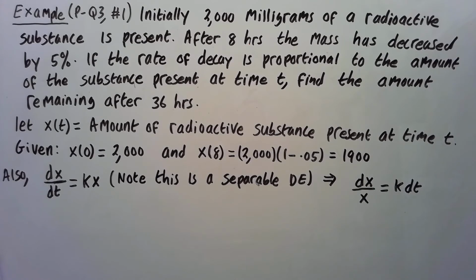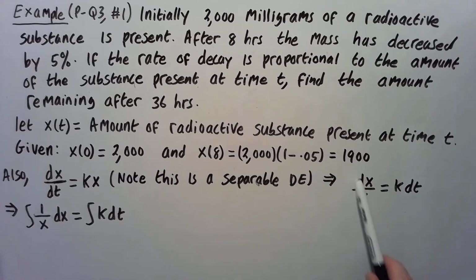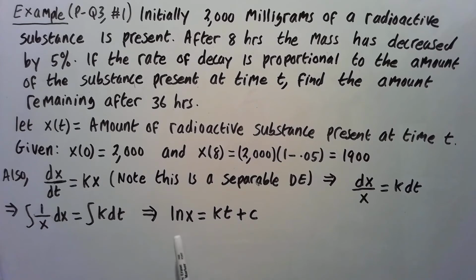The integral of 1 over x dx equals the integral of k dt. The integral of 1 over x is ln of x, and the integral of k is just kt plus some constant. So we have ln of x equals kt plus c.